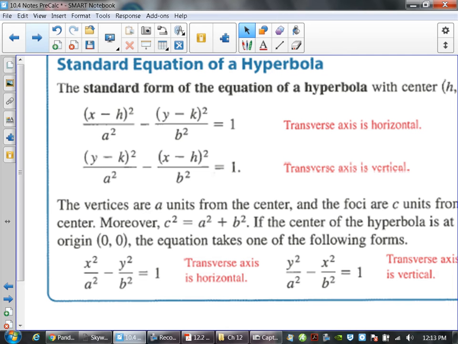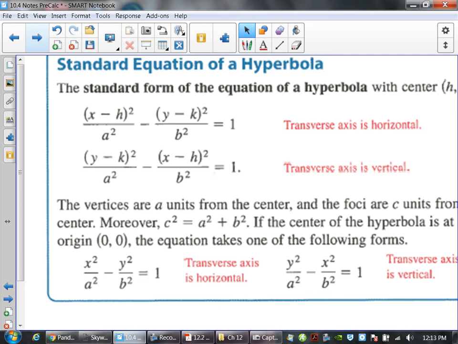(x minus h) quantity squared over a squared, minus (y minus k) quantity squared over b squared is 1. This means it's stretched left and right. Okay, it's left and right, because the x squared comes first.